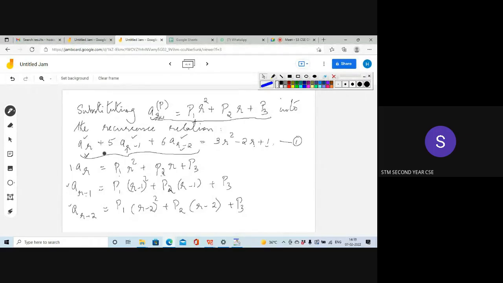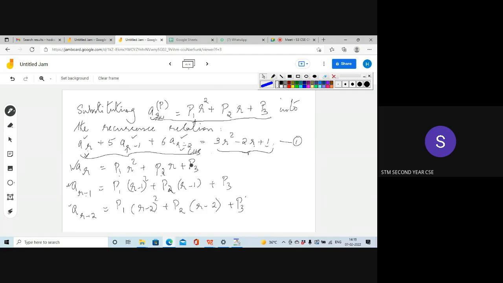That is, in this equation we will be putting AR as this polynomial, AR minus 1 as this polynomial, AR minus 2 as this polynomial in the LHS. Finally we evaluate the LHS, and then we compare it with the RHS. For comparing, the R square terms will be compared together, then we compare the R terms on the left and right, and then the constant terms on the left and right.